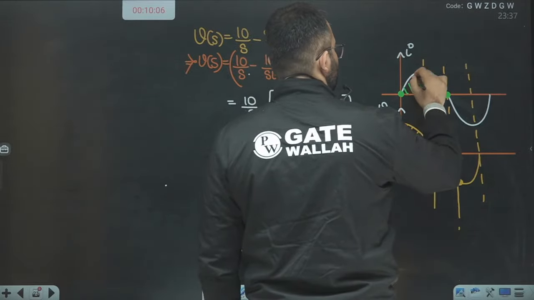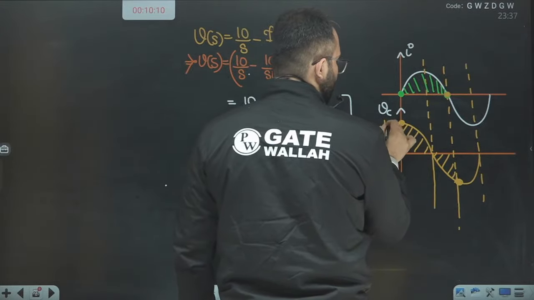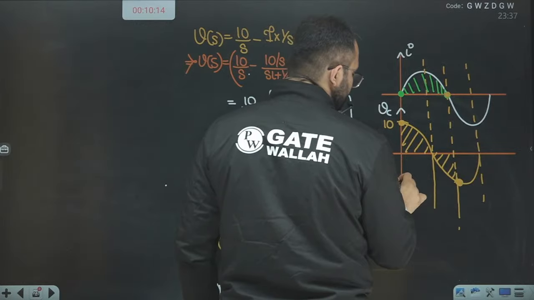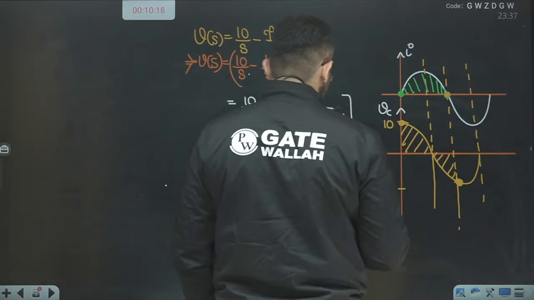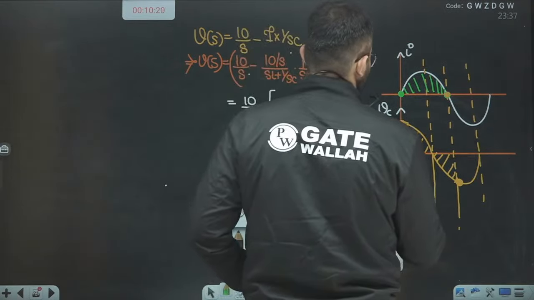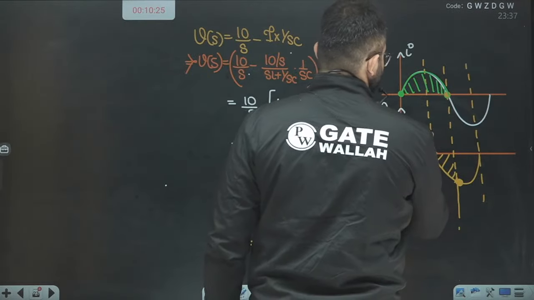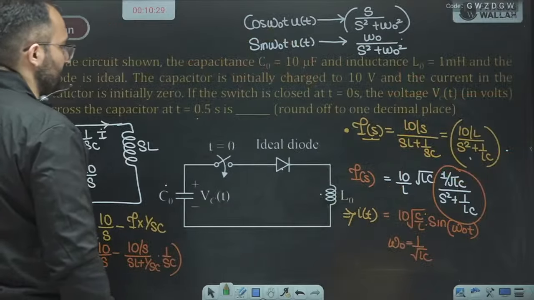So the current will be in the positive cycle and the voltage across capacitor will start from 10 and will go to the minimum peak value, that is minus 10. Okay, so something like this is there. So the diode will allow only the positive cycle and capacitor will go like this only.